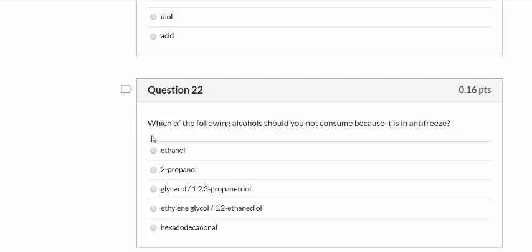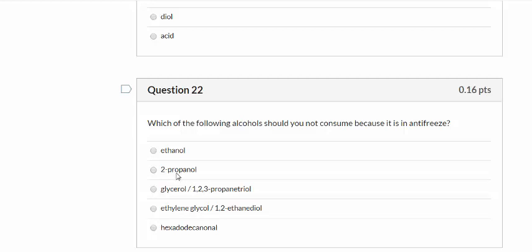Again, ethanol is okay to drink. That's the stuff in wine and beer. 2-propanol. The second carbon is the middle carbon in this 3-carbon alcohol. And there's a common name for this. When you have 3 carbons in a row, it's called prop.